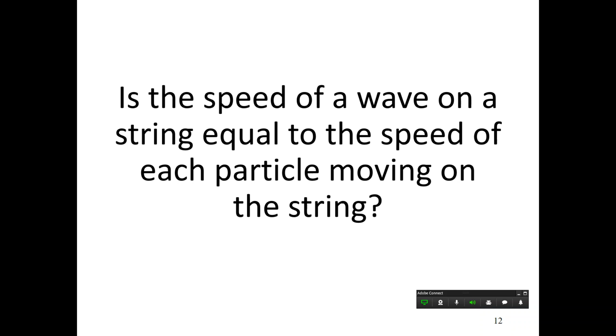What is the particle doing again? Up and down. If it's up and down, that means there's a point at which the velocity is what? 0. And then when is it the fastest? In the middle. And then it reaches the bottom. It's going what? 0. So the velocity is actually changing, right?